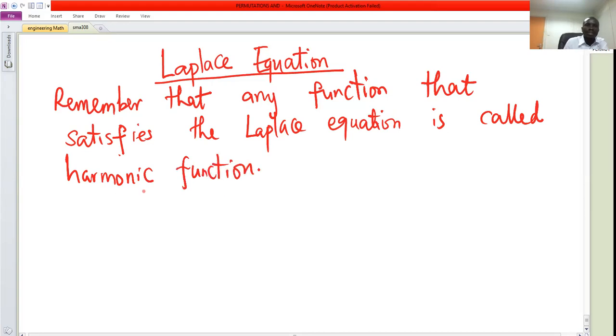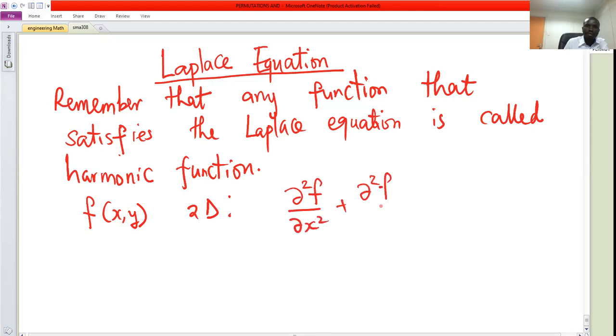And then the Laplace equation comes in different forms, in different dimensions. So if we have a function f of x, y, which depends on two variables, so this is in 2D, then the Laplace equation is partial squared f partial x squared plus partial squared f partial y squared equals 0. So this is the case of 2D.